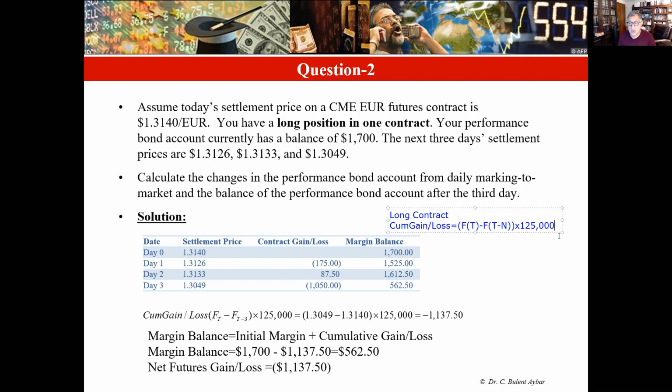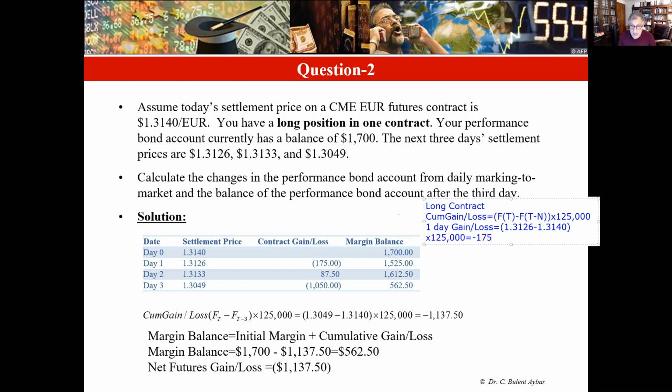We can actually just show this in here for one day gain or loss. It can be calculated simply by using here 131.26 minus 131.40 times 125,000, which is equal to minus $175, because in this case, since the contract price declined, the long party loses money.